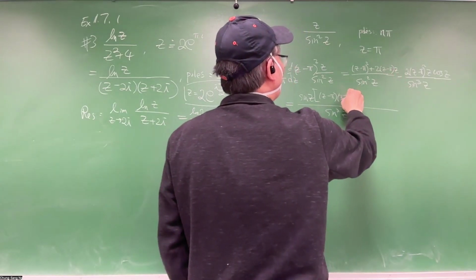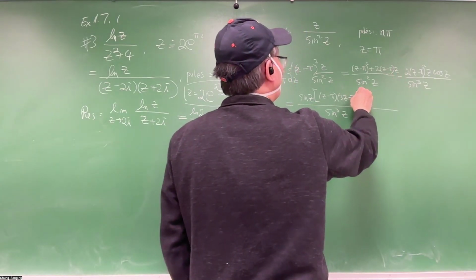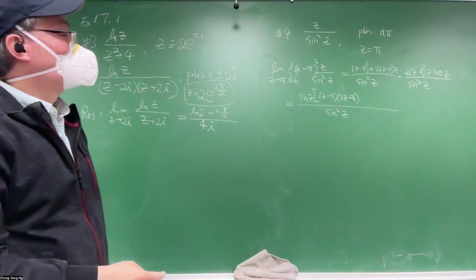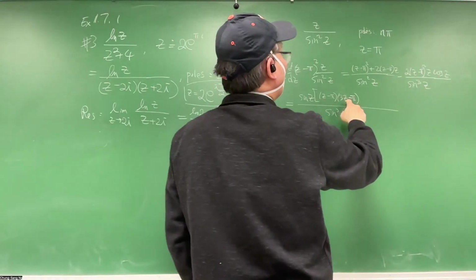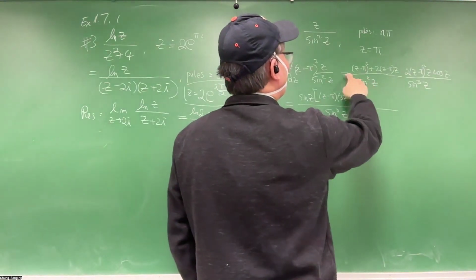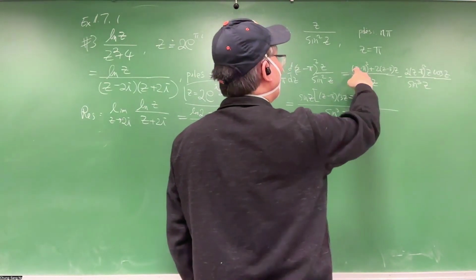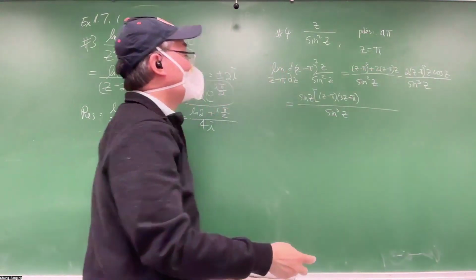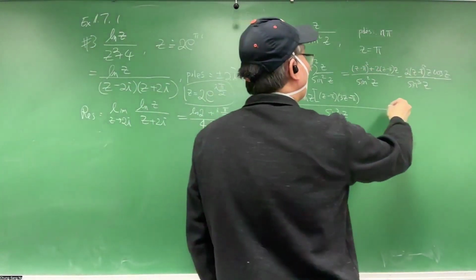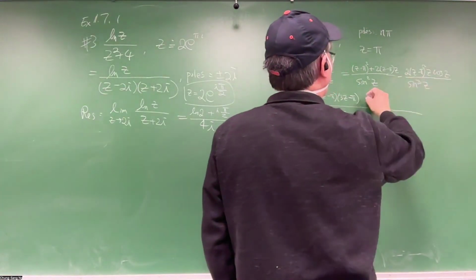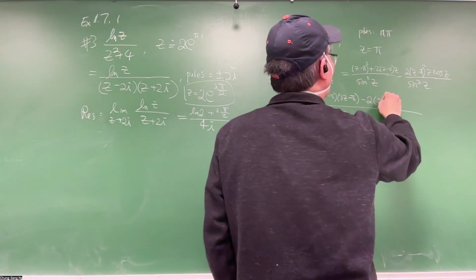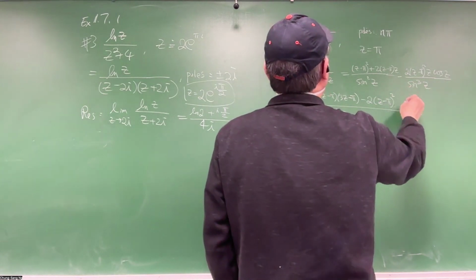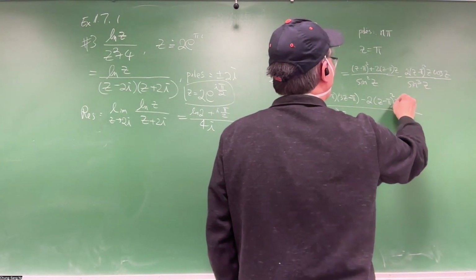Which is 3z minus pi, right? So that's this factor, 3z minus pi. Okay, and then the other factor is minus 2 pi squared and z.